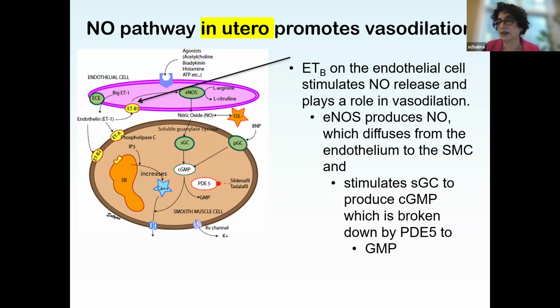VEGF is a key mediator of pulmonary vascular development and increases nitric oxide and causes rapid pulmonary vasodilatation. Nitric oxide also has a key role in lung vascular growth and mediates VEGF in reduced lung angiogenesis.